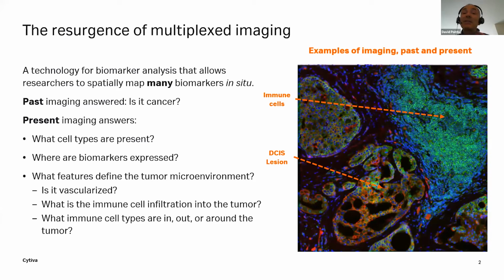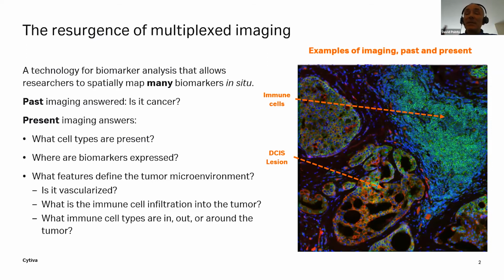And regarding the immune cell types, precisely, we will be able to see if they are in, out, or around the tumor. It's also thanks to the fact that we have access to more and more biomarkers, so you can identify the human immune cell lineage, the tumor cells, and more the functional status of the immune system.